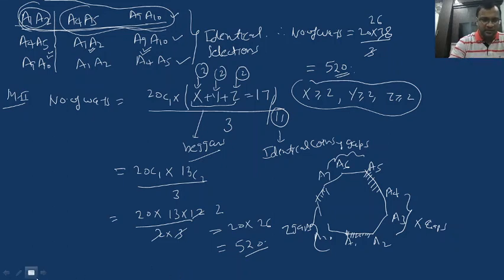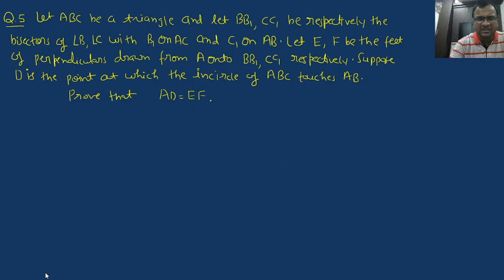Okay, let us move to the next problem. This is a nice geometry problem. In this problem, we are given a triangle ABC, and let BB1 and CC1 be respectively the bisectors of angle B and angle C, with B1 on AC and C1 on AB. We are given a triangle ABC.